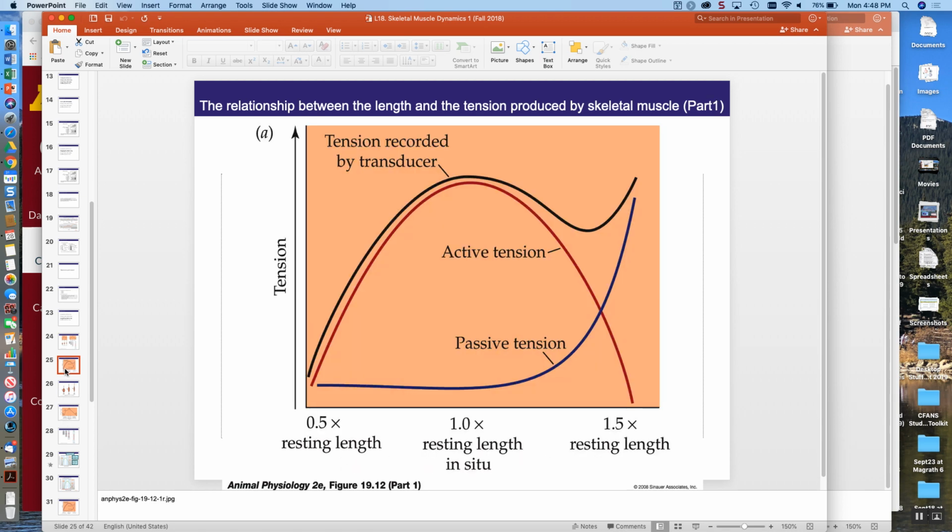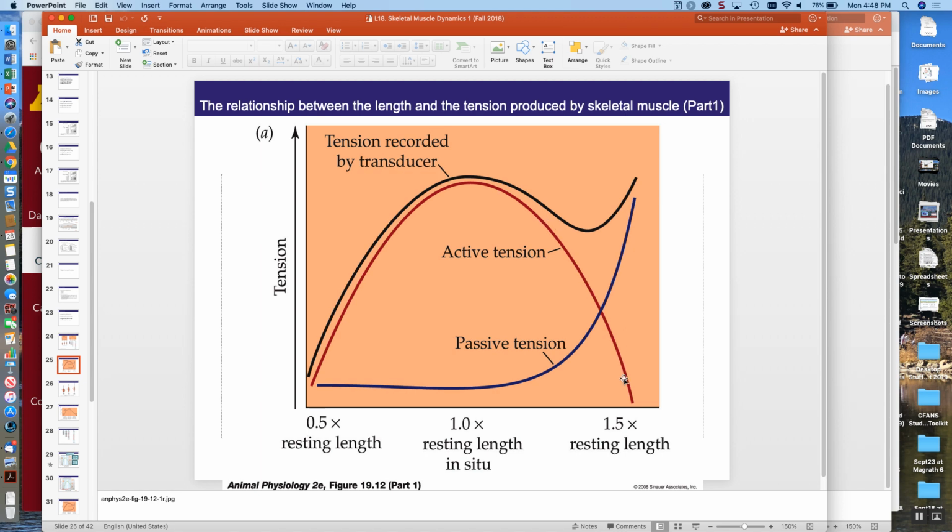And basically when you finally stimulate it, you can see when the muscle is too short. We're looking at the red line. When the muscle's too short, you can't generate a whole lot of force. You can't get a whole lot of a forceful contraction. Optimal length gives you the maximum force.